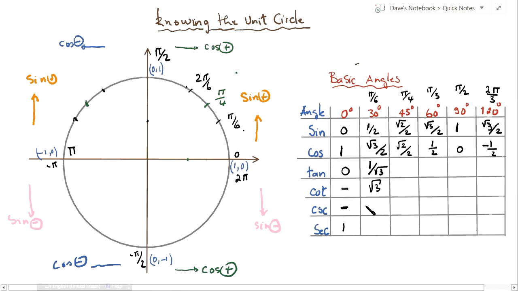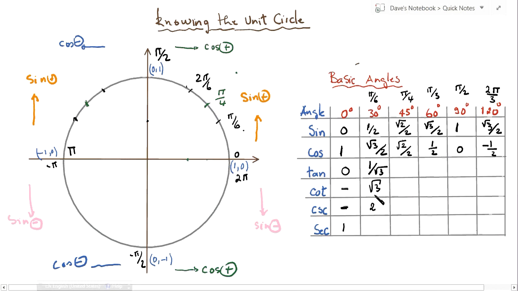And the cosecant will be 1 over the sine, and 1 over sine will give us 2. It means that will be 1 divided by 1/2. This is going to be 2.